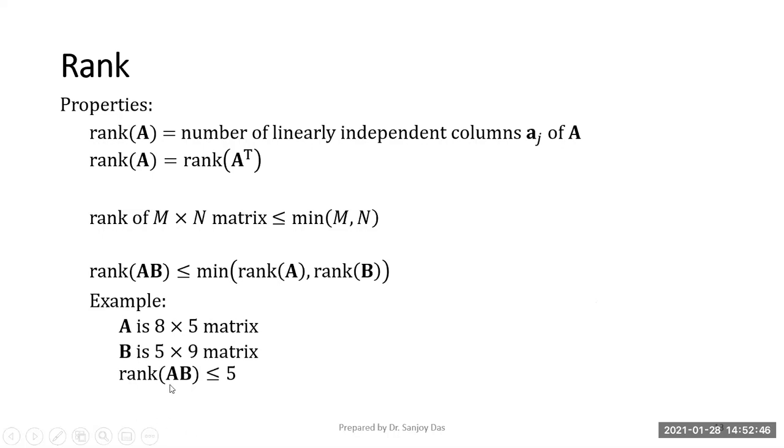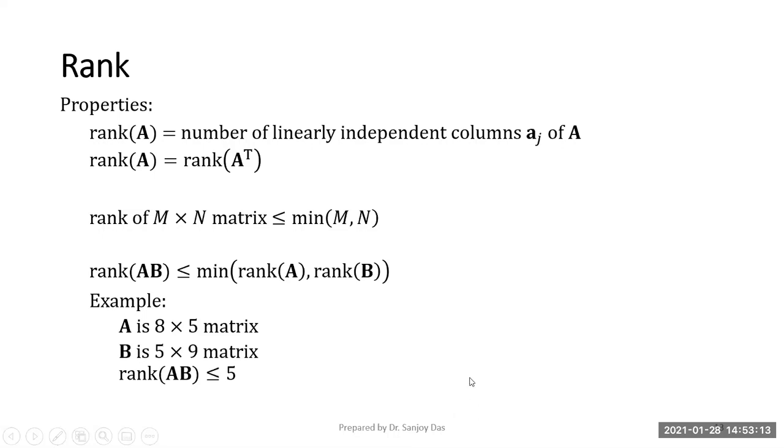Rank of AB can only have rank 1, 2, 3, 4, 5. By definition, by the way, only the 0 matrix has a rank of 0. Okay, rank of the product AB, as per this inequality, is always less than or equal to 5.